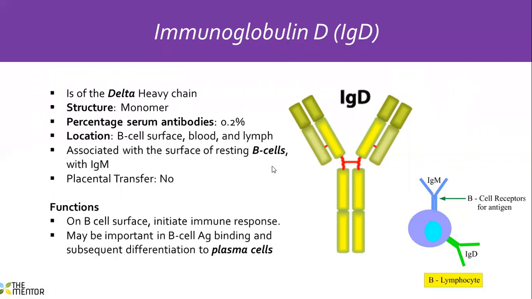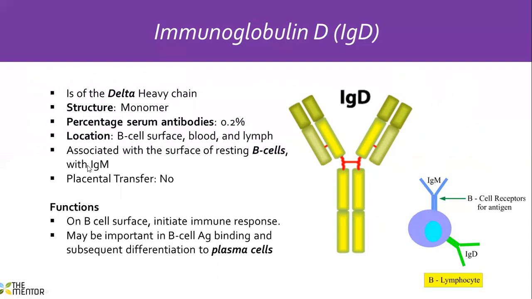But it's also found in blood and lymph. It is associated with the surface of the resting B cell, the one that has not been activated to become plasma cells so that it produces more immunoglobulins. So it's normally together with IgM.